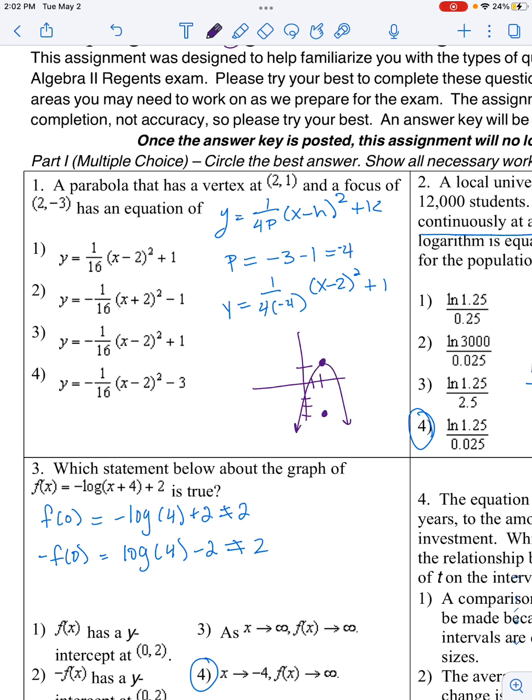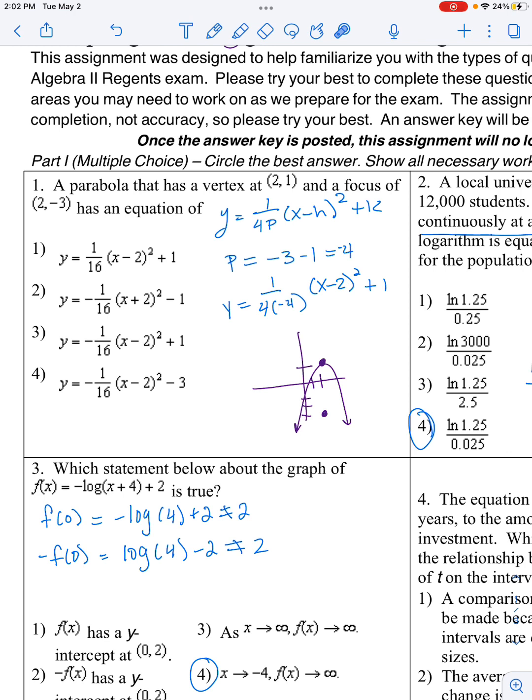So now we're going to use the equation 1/(4p) times (x - h)^2 + k to figure out the equation of our parabola. (h, k) is our vertex, and p is the distance from our focus to our vertex. So this is going to be 4, but since it's opening down, we want to substitute in a -4.